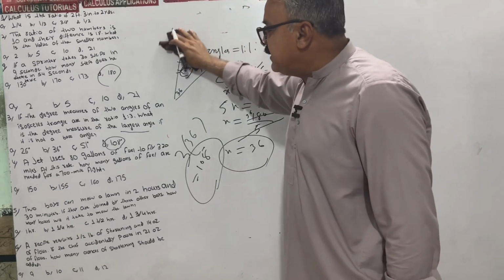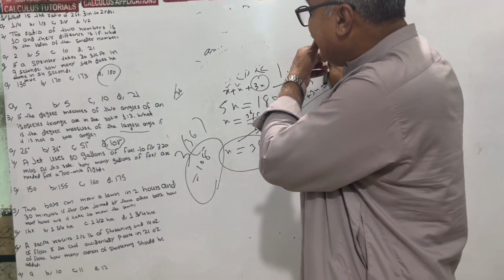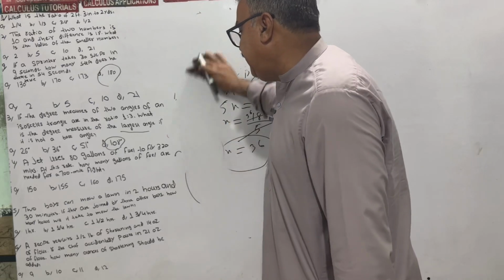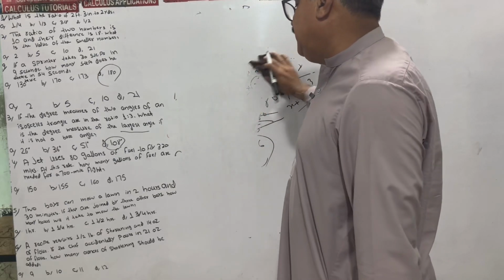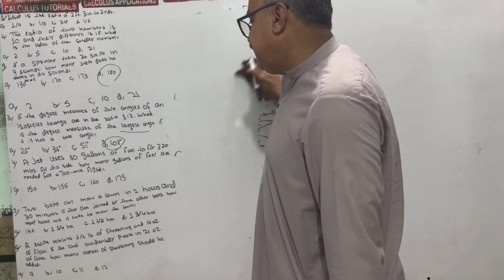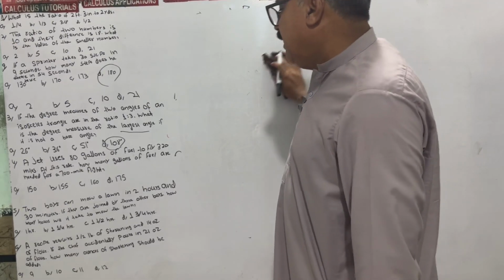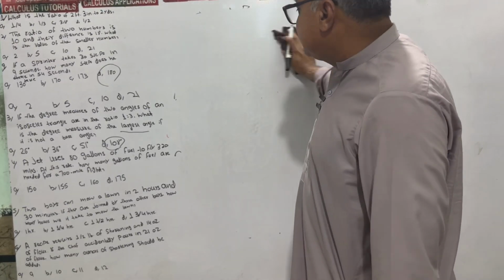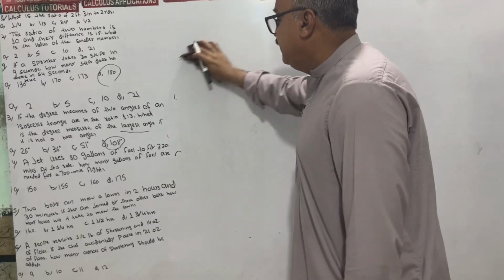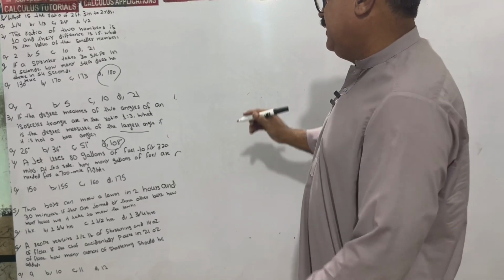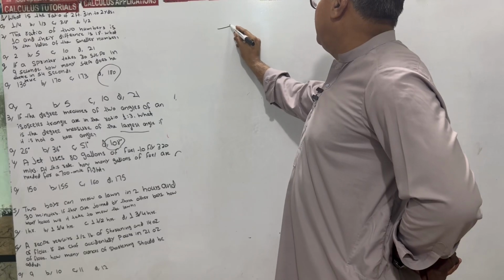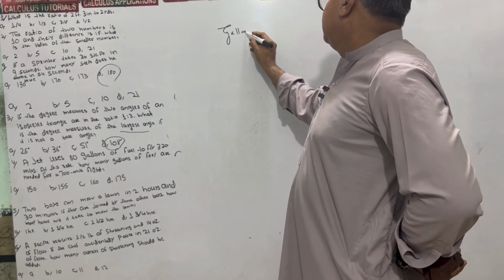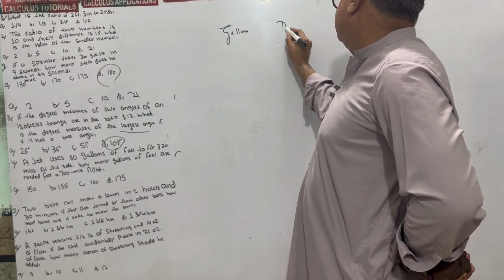Okay. Proceeding one step further, a jet uses 80 gallons of fuel to fly 320 miles. At this rate, how many gallons of fuel are needed for a 700 miles flight? I have the number of gallons consumed and the distance traveled.